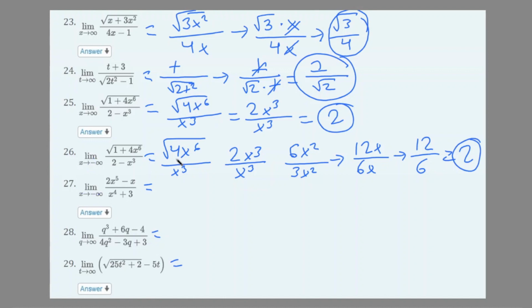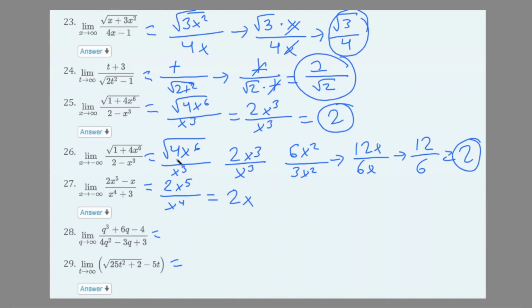And now number 27. Number 27 is a bit different from the other questions we've done. Here, the power on the top is actually more than the power on the bottom. So let's isolate the powers real quick. We get 2x to the fifth power over x to the fourth power. If we simplify this, we get 2x.